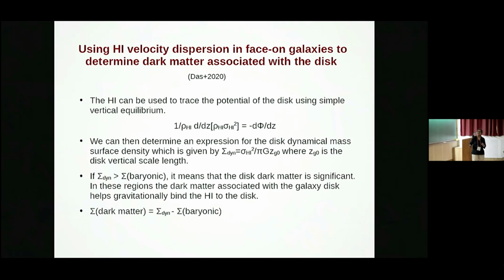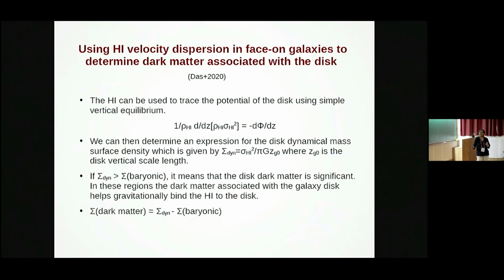Now, the main basic equation is one that we are all familiar with, the hydrostatic equilibrium equation, where in the z direction we are assuming that the equilibrium is decoupled from the equilibrium in the radial direction. So you have the velocity dispersion here with the neutral hydrogen density, and on the right-hand side you have the potential, and applying Poisson's equation, you can reduce this to give an expression for the dynamical disk matter.